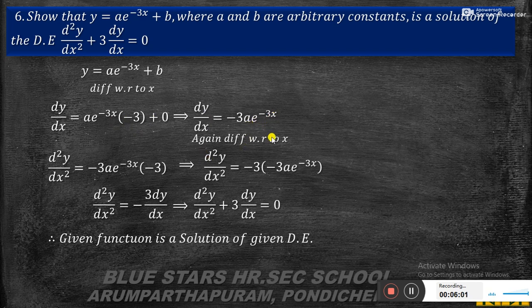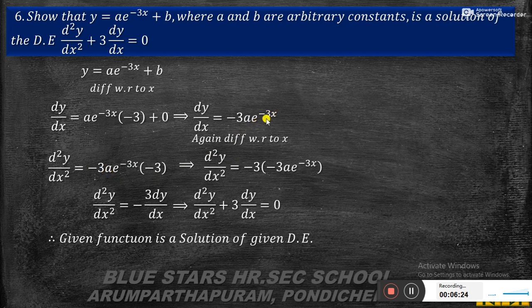So again differentiate with respect to x. The second time we differentiate, again differentiate with respect to x, means on both sides I take d by dx. So the second derivative of dy by dx is d square y by dx square equal to, on the right hand side, d by dx of minus 3a e power minus 3x, which is minus 3a into d by dx of e power minus 3x.